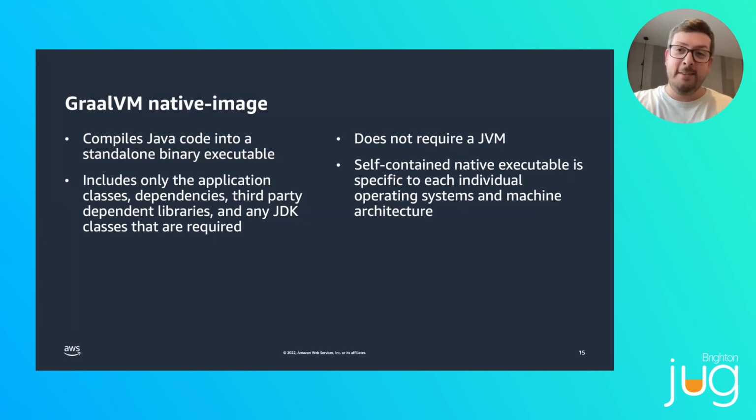And because it is a native binary, it is specific to an operating system and the CPU architecture. So if you're producing native images for Lambda, Lambda uses a Linux operating system, and then you can pick from either an x86 architecture or an ARM architecture, and your native image binary needs to be produced for the deployment that you want.